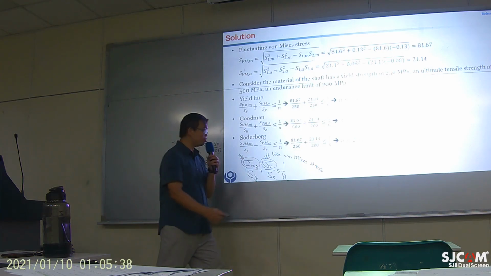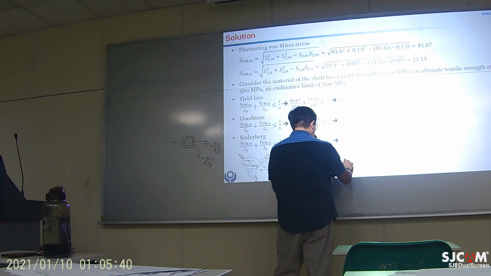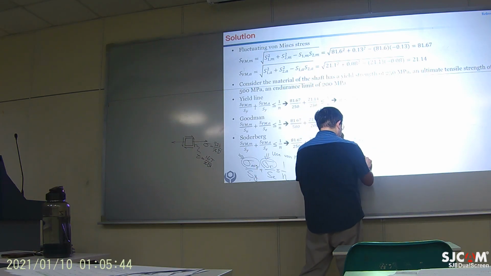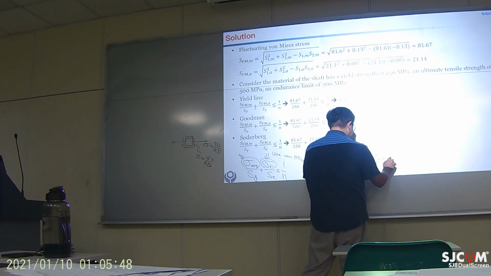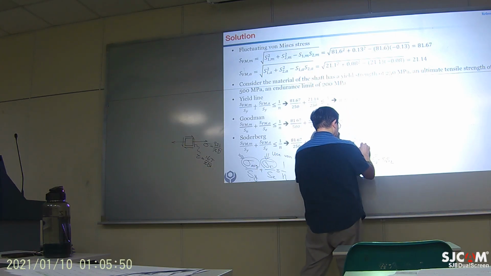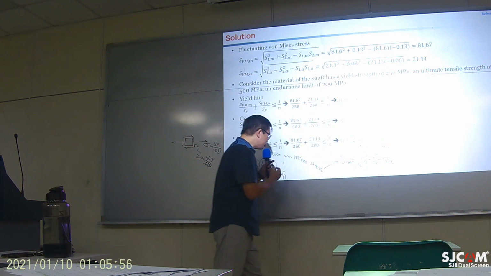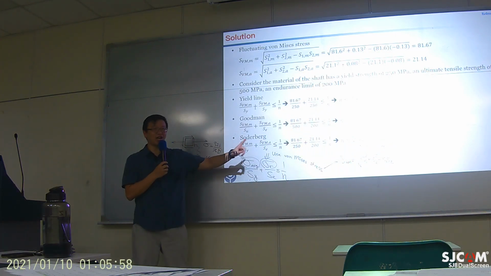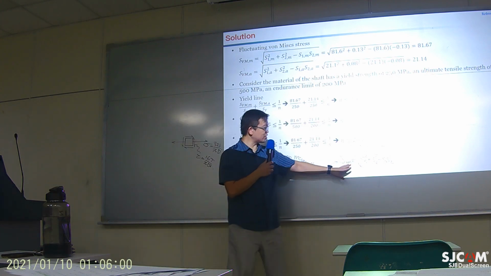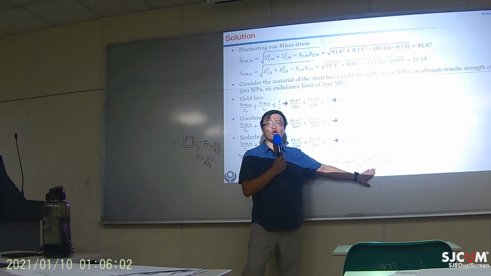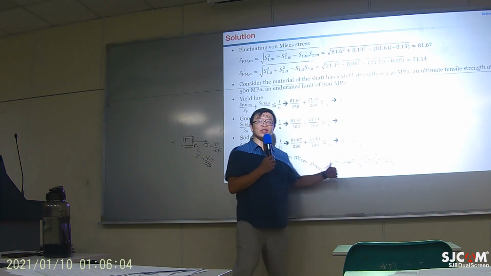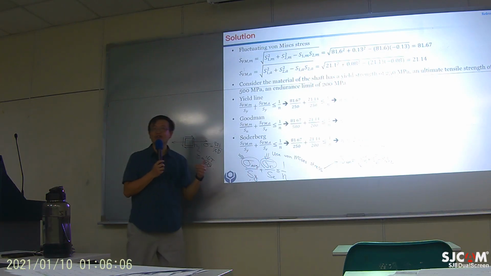And what is von Mises stress? Basically, for plane stress problems, it's this value. This is for plane stress problems. So we use the equivalent stress that covers stresses in all directions. I think this is the key for this part of the lecture.